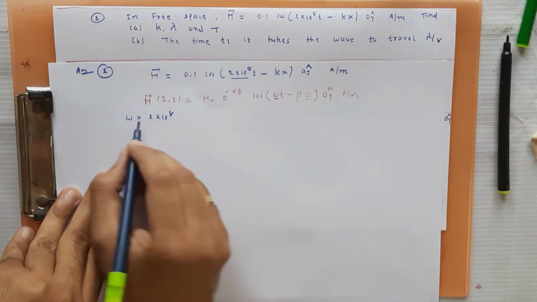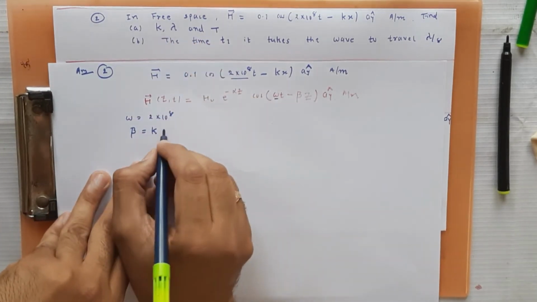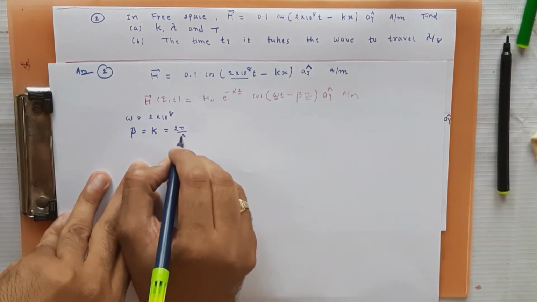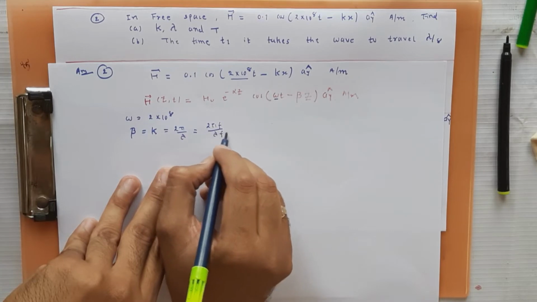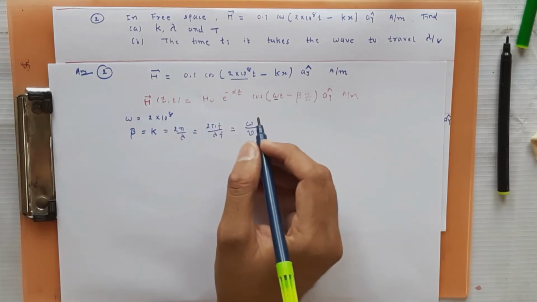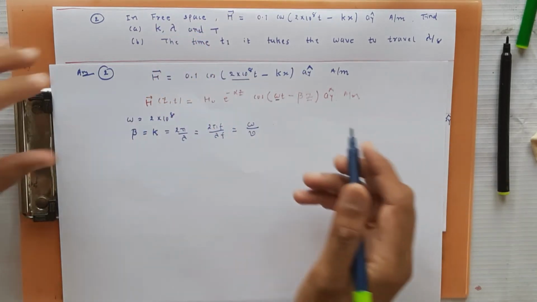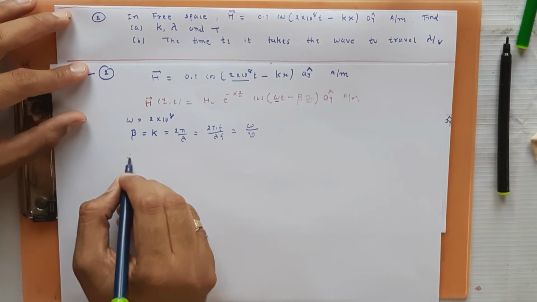Beta is k, and we have to find k first. k is nothing but 2π by lambda, which is 2πf by lambda times f. 2πf means omega, lambda times f means velocity v, and it is free space, so we know that in free space the velocity of the wave is 3 × 10^8.